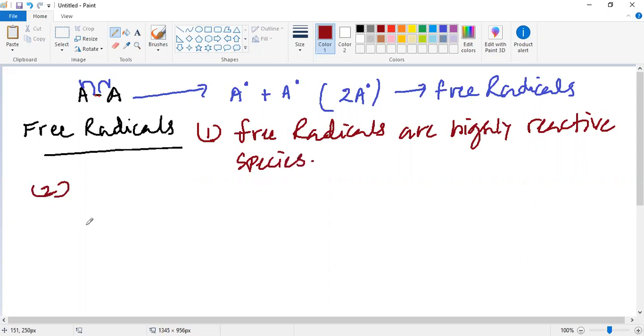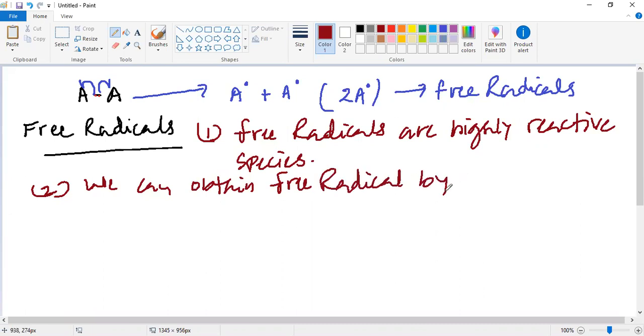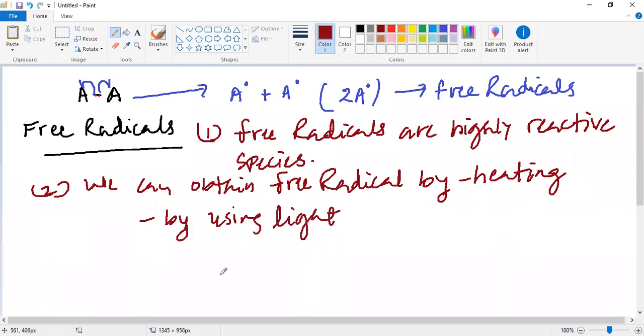Second thing is, we can obtain free radicals by heating, or by using light, or by use of peroxides.